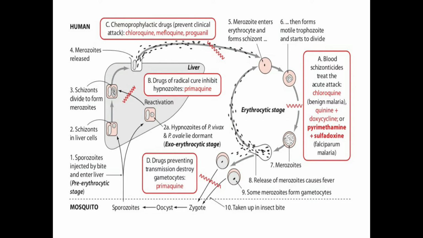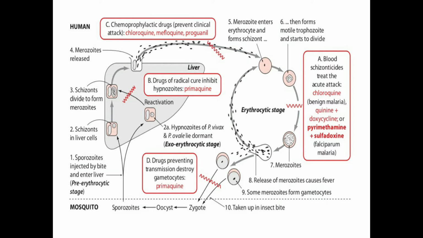First one, blood schizonticides that treat the acute attack. The first primary choice is chloroquine. Chloroquine is the drug of choice if parasites are sensitive, and it is capable of destroying the trophozoite forms of all species of the parasite very effectively.